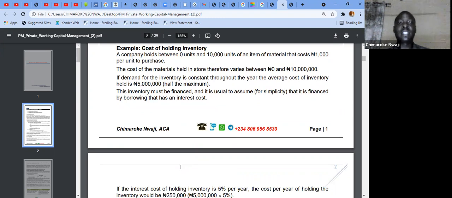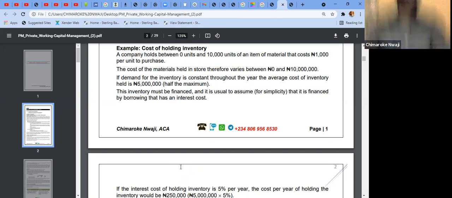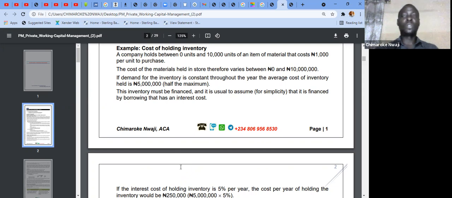So it means that the company holds between 0 units, that means there is nothing in the warehouse or the store, to 10,000 units of an item. That means the highest that they can receive is about 10,000 units. So the company holds between those two quantities to do business. And it is 1,000 naira per unit to purchase.